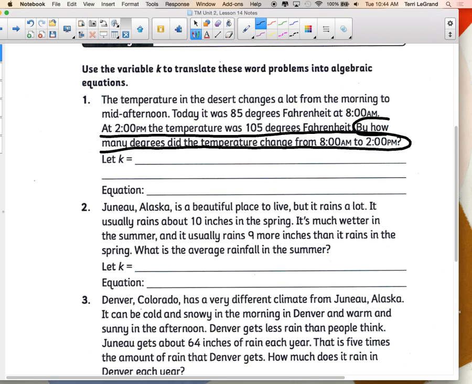So we're going to let k represent then the degrees of temperature change. Notice they gave us two lines to do this on, so there's no reason to be brief with our words.